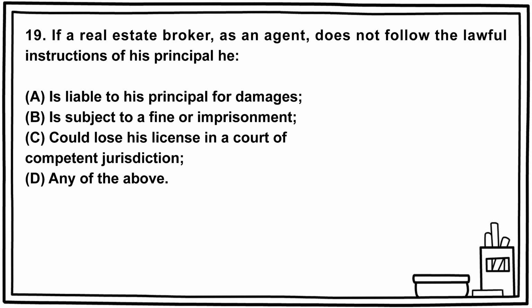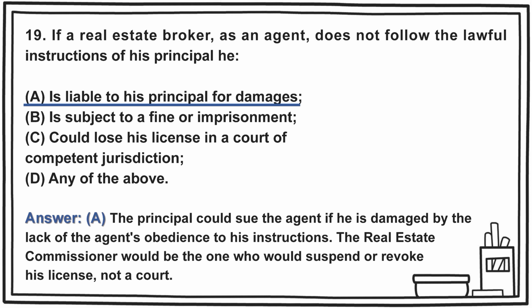D. any of the above. Answer A. The principal could sue the agent if he is damaged by the lack of the agent's obedience to his instructions. The real estate commissioner would be the one who would suspend or revoke his license, not a court.